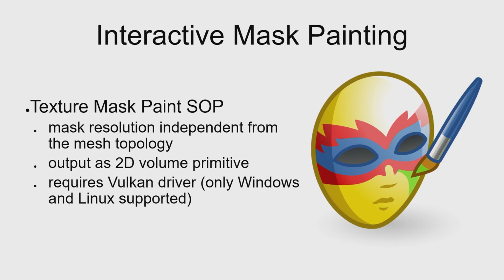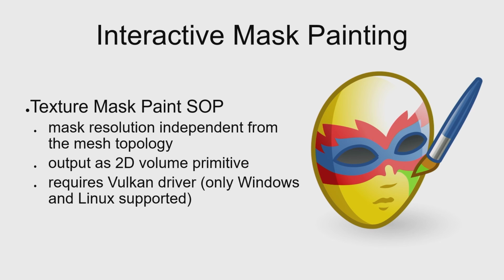The last tool I'd like to cover today is Texture Mask Paint. This tool supports interactive painting workflows. It's currently only available under Linux and Microsoft Windows, as it depends on the Vulkan driver.